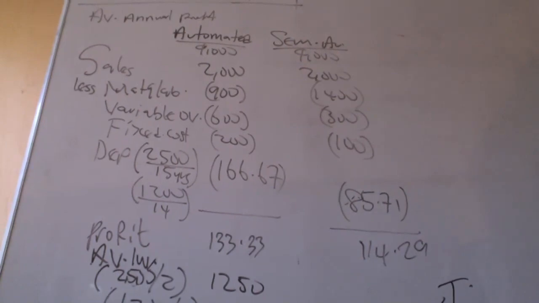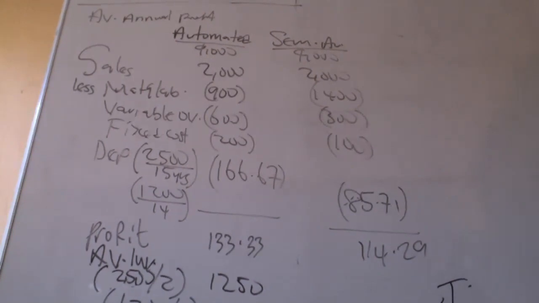Someone has a question, so I'll pick up the question. I like the question. The question was, can we use the cash flow to calculate the accounting rate of return? If you want to use the cash flow, you have to convert it, because it's cash, to profit.